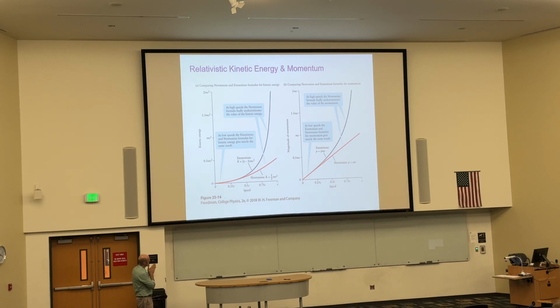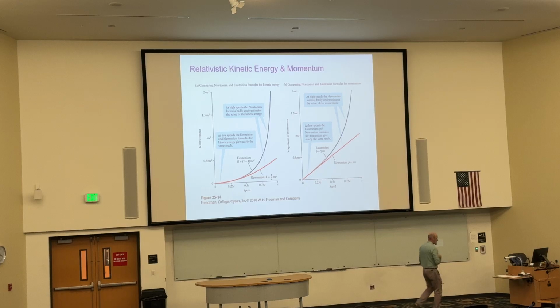But once you get past, say, a quarter of the speed of light, when you're getting up to half the speed of light, or at 75% of the speed of light, 0.75 c, then you have a big difference between classical kinetic energy and classical momentum and relativistic kinetic energy and relativistic momentum. Now remember what we said.